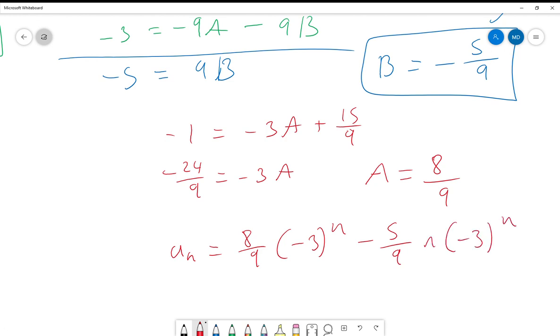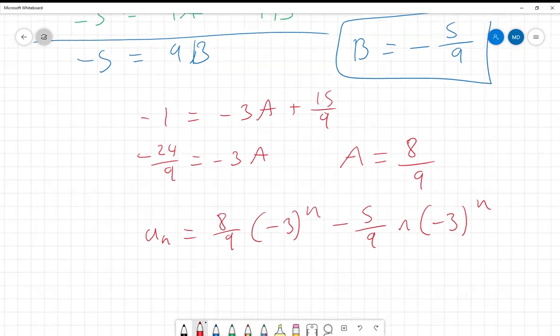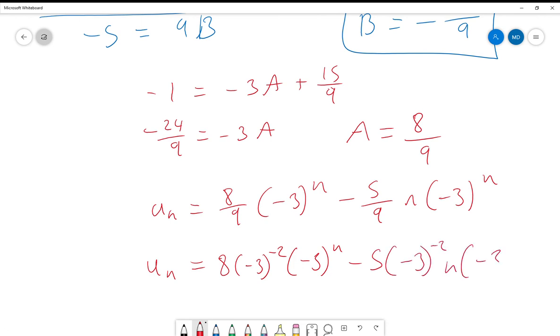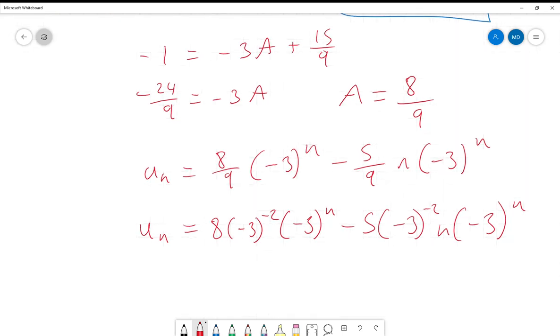And as before, 1 over 9 is negative 3 to the power of negative 2, and we could in fact write this as u_n equals 8 times negative 3 to the negative 2 times negative 3 to the n, minus 5 lots of negative 3 to the negative 2, n, negative 3 to the n, and then combine those negative 3's, we get 8 lots of negative 3 to the n minus 2, minus 5n lots of negative 3 to the n minus 2.